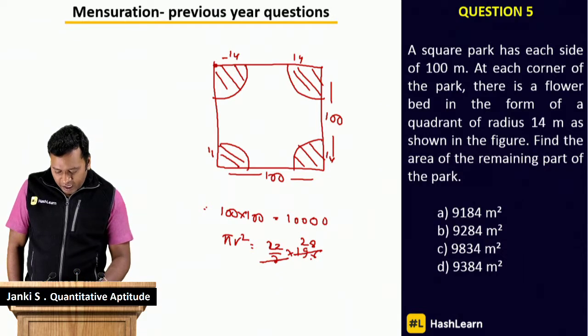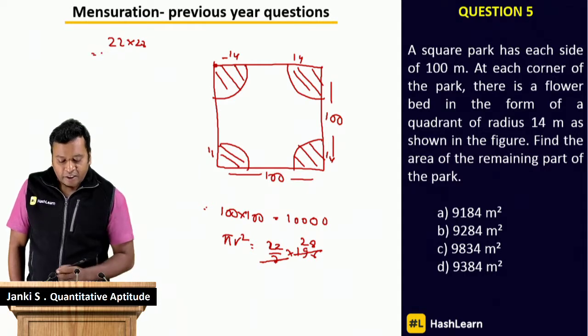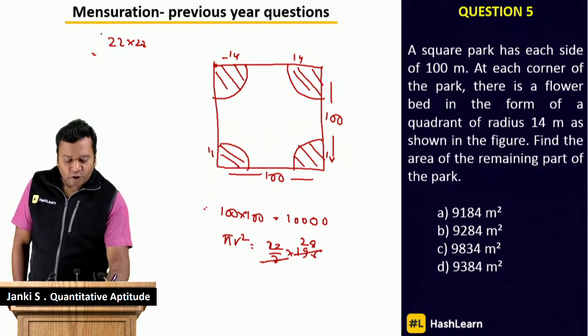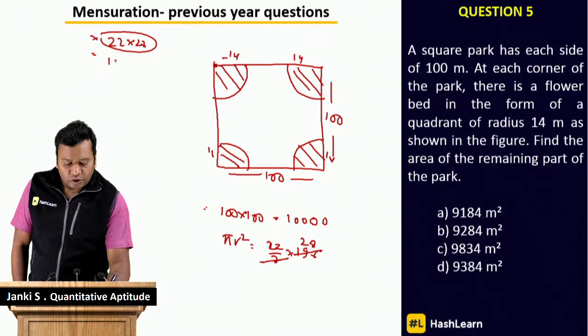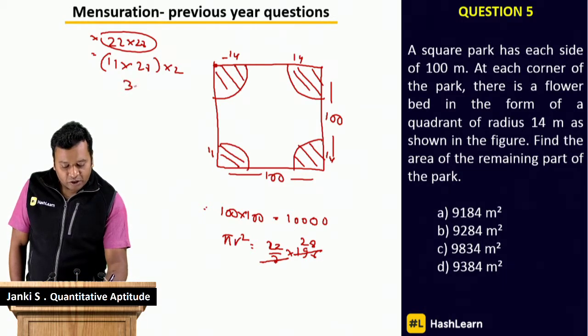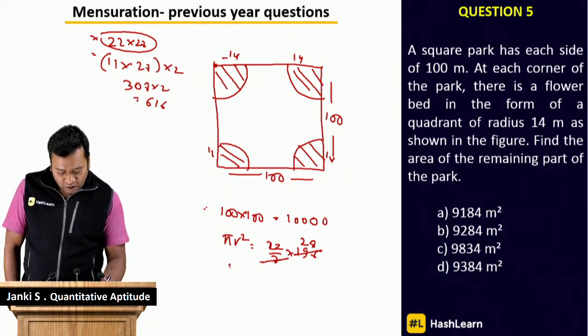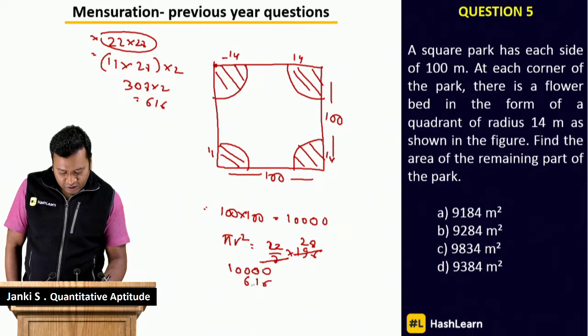Let's find out 22 into 28 here, right? So let's go by the basic. I'll do 11 into 28, which is easy for me to work on, into 2. So 11 into 28 is how much? It's nothing but 308 into 2. That's nothing but 616. From this 10000, I have to subtract 616.